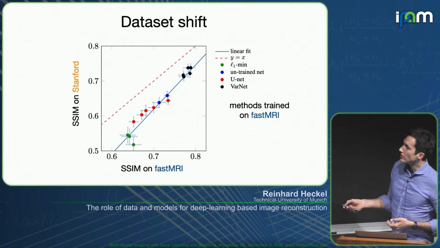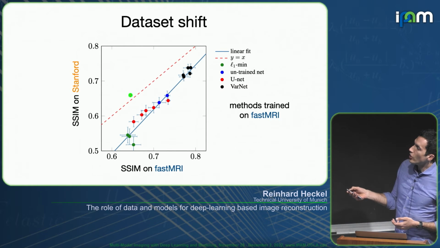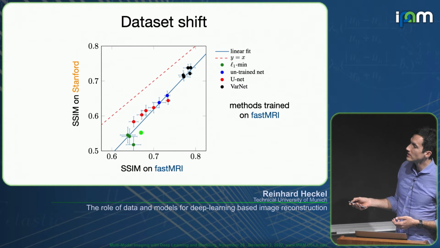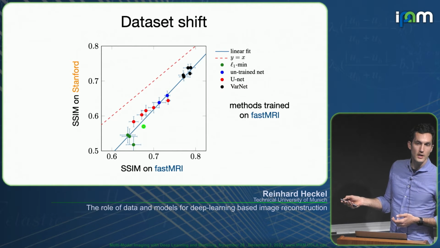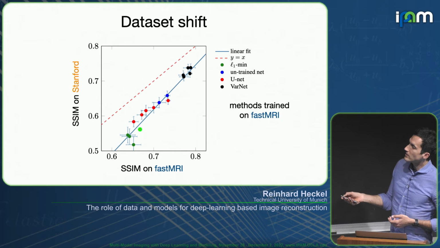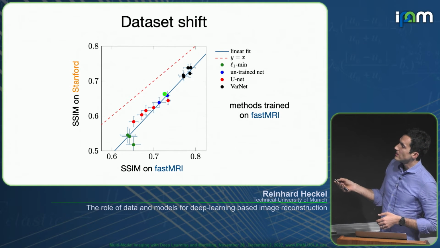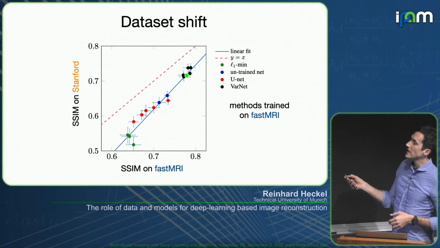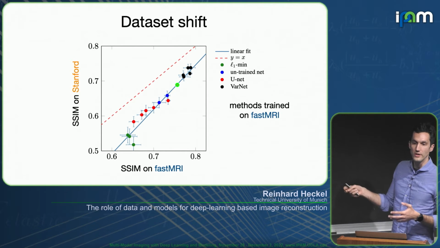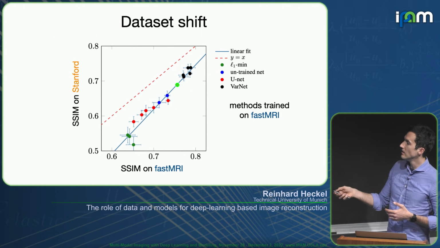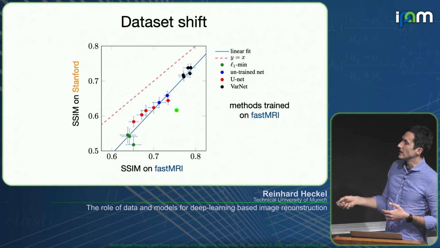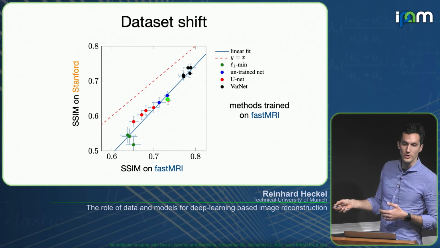What you can see here is that all methods perform significantly worse under the distribution shift, right? Because all methods are significantly below this line. But the important point is that the neural networks do not suffer more under those distribution shifts than L1 minimization and the untrained neural networks, right?